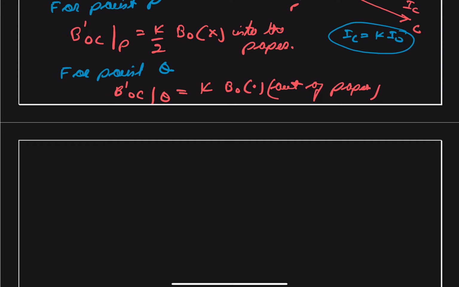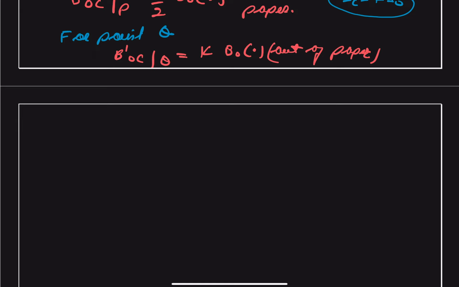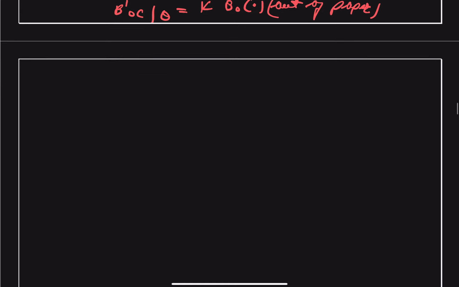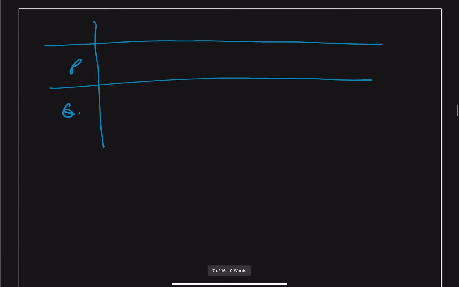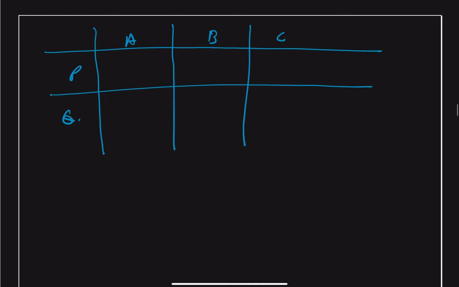Now once again we draw the table. We have P, Q, and rods A, B and C. For rod A everything was the same, so this was half B naught, and this is also half B naught.